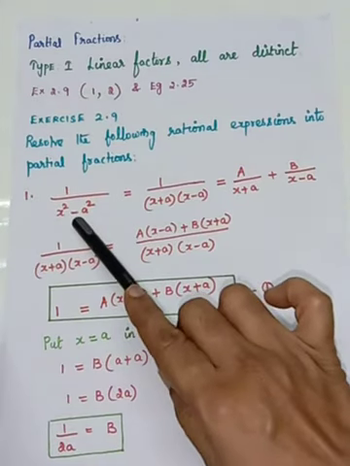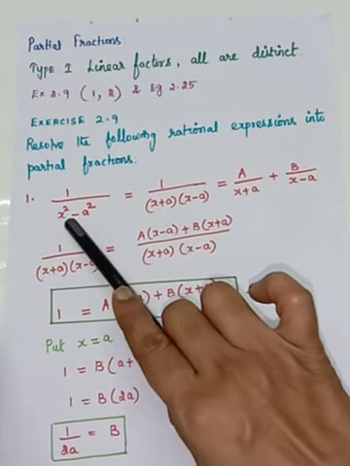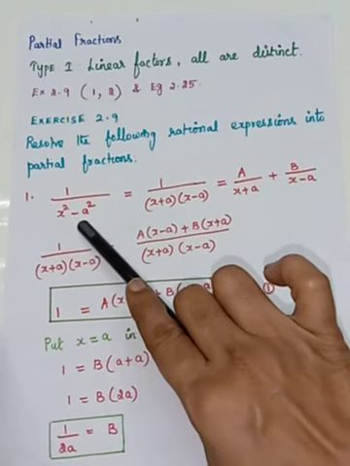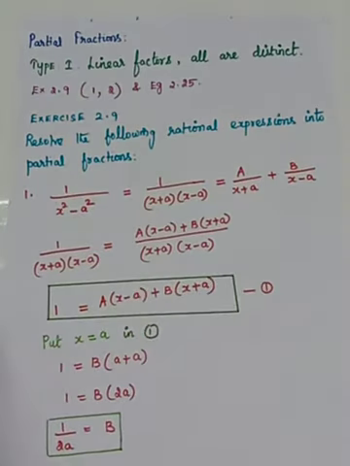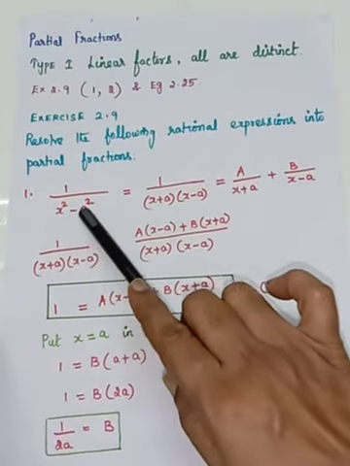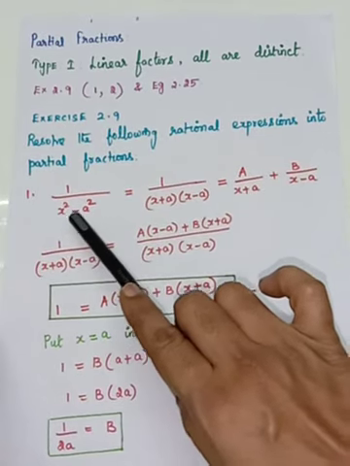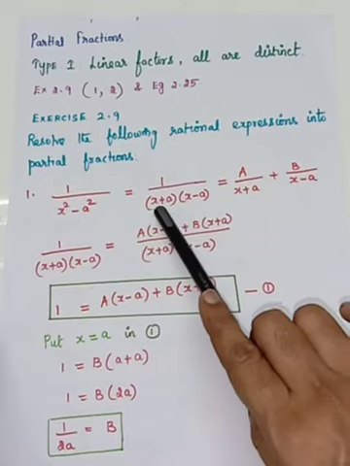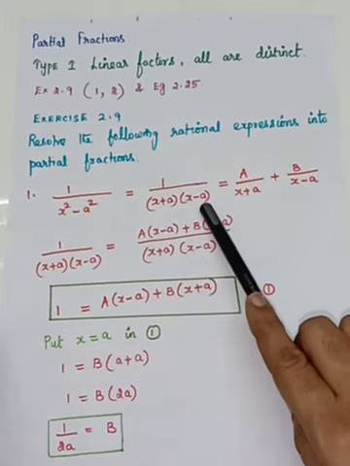But here, look at the denominator: it is not a linear factor, it is a quadratic factor. When a quadratic factor comes, you have to factorize it. It is in the form of a squared minus b squared, isn't it? So you can write this as a plus b into a minus b. So I have written x plus a into x minus a.